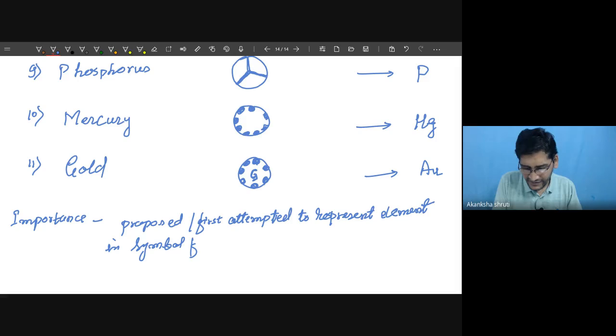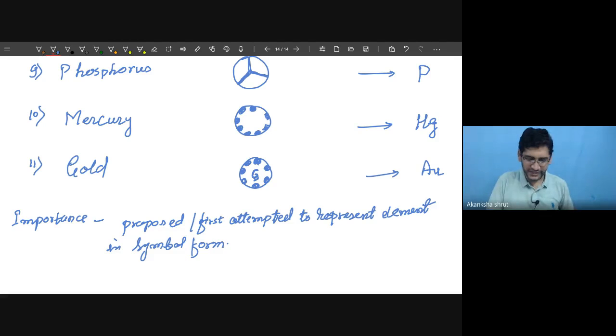So rather than writing the big name, if the symbol is given, then that will represent that element. And for a symbol, one atom was considered, not the molecule.